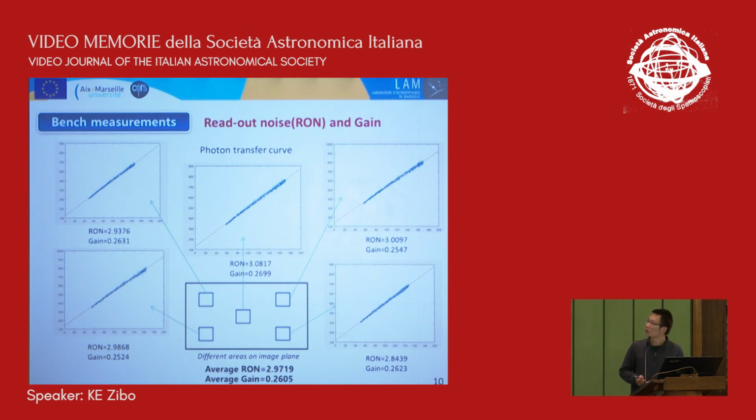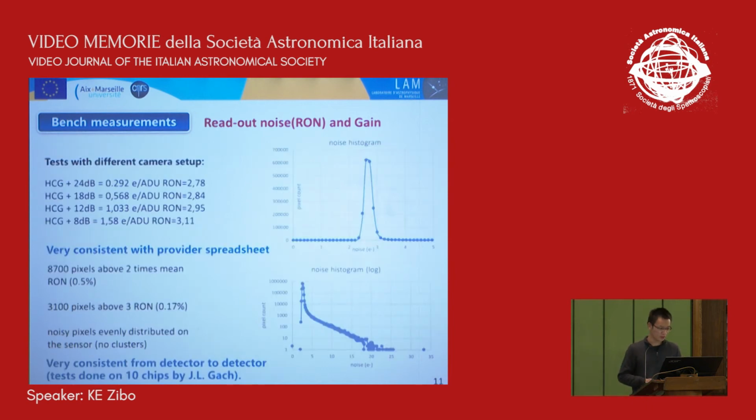And again, we tested the photon transfer curve at different areas on the image, and we averaged the value and acquired the average readout noise. And we compared them with the provider spreadsheet.